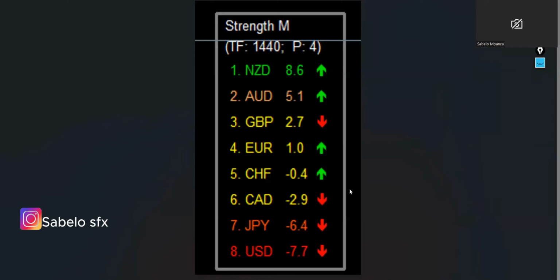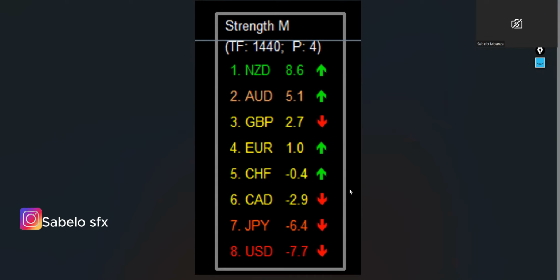Are we buying or are we selling? It's going to give us the signal for either a buy or a sell. Then I'll also teach you how to install this indicator, and lastly I'll teach you how to take your entries, stop losses, and take profits using this indicator.